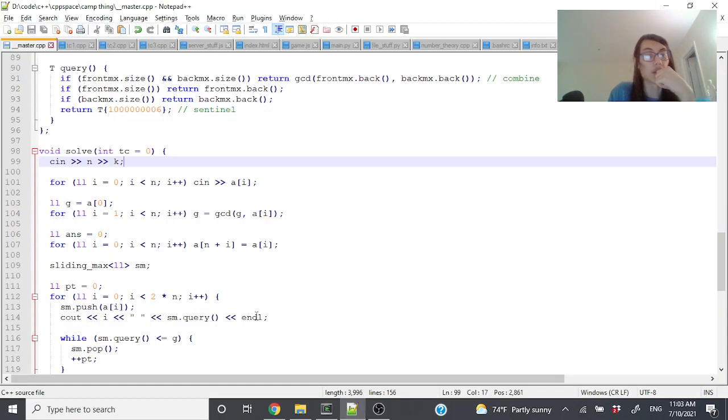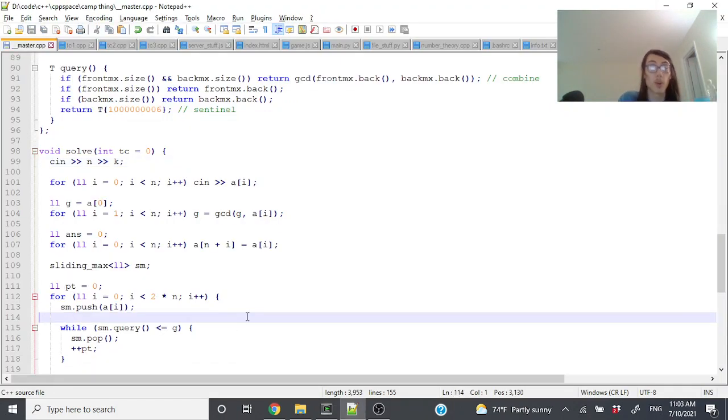Why am I struggling so hard to write this? This is so simple. It's so simple. What the hell?